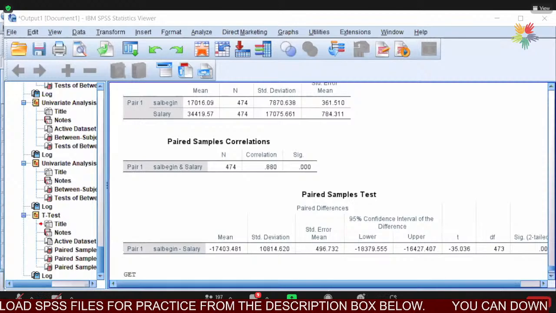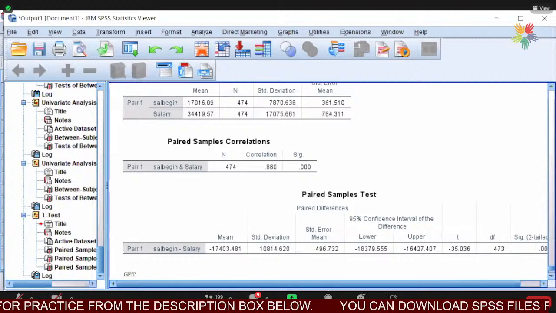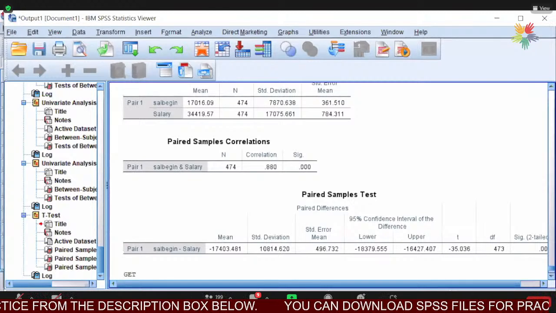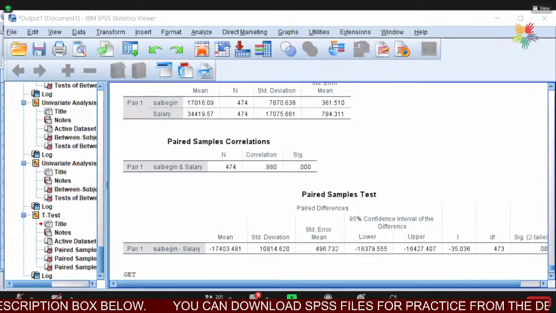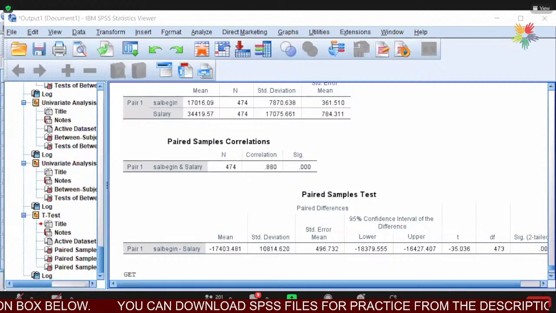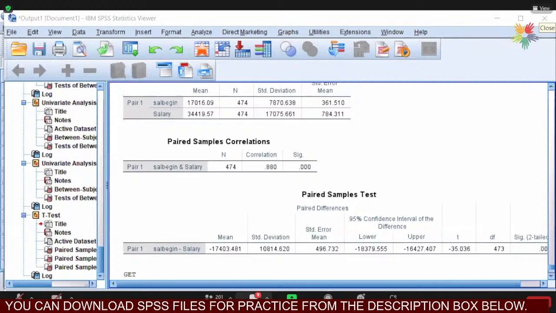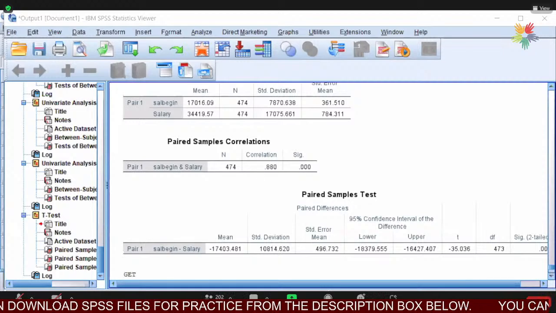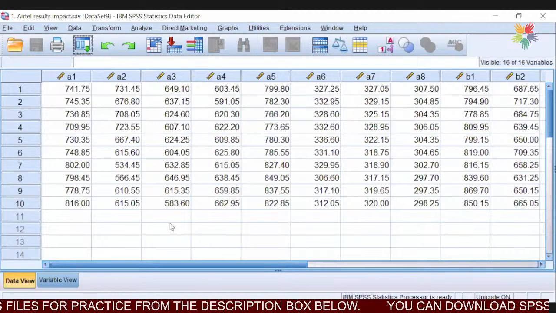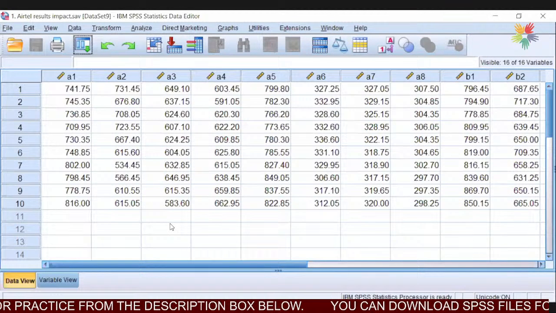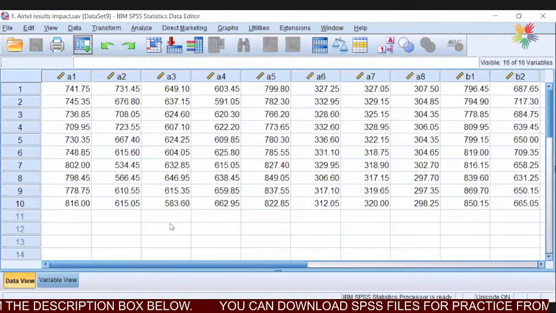So now let us look at another example, where the paired test can be applied.